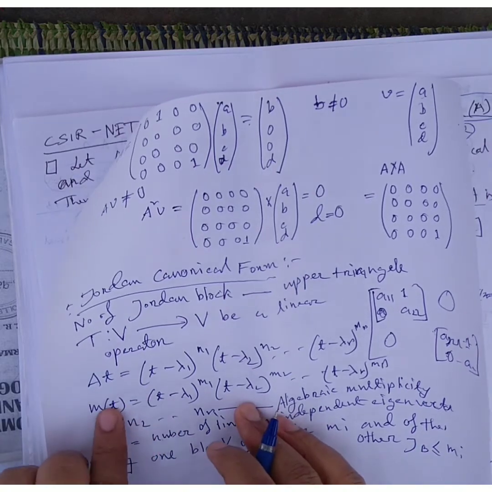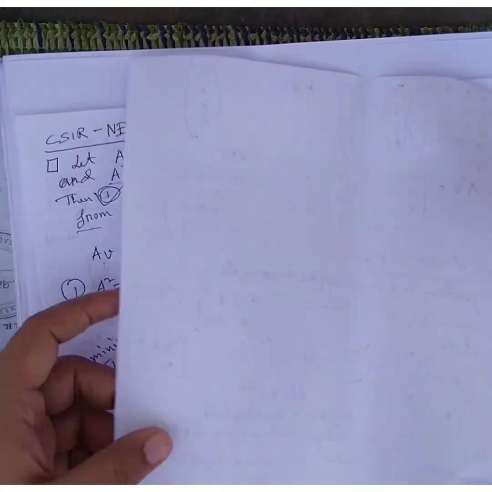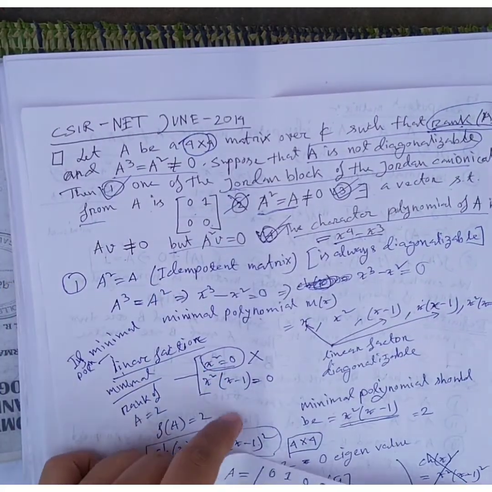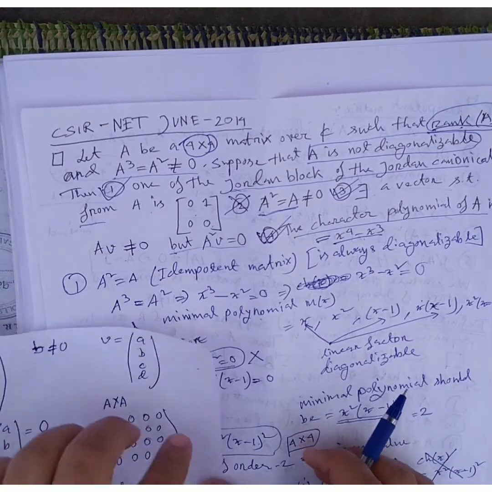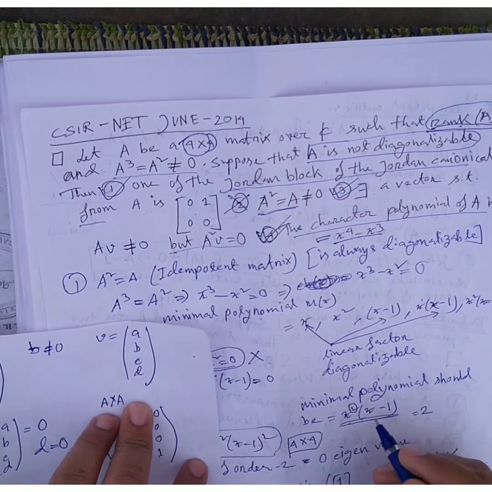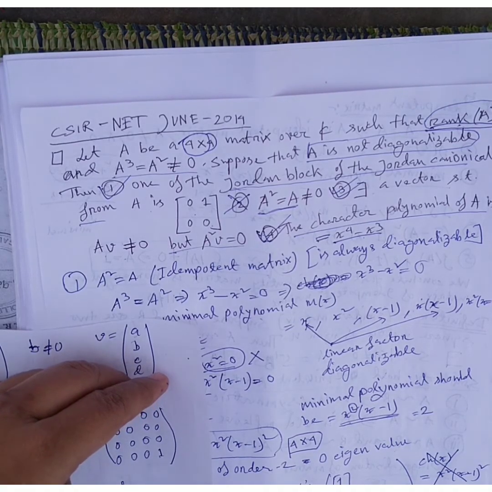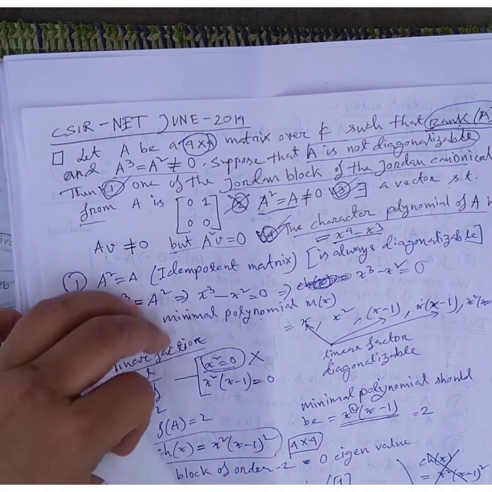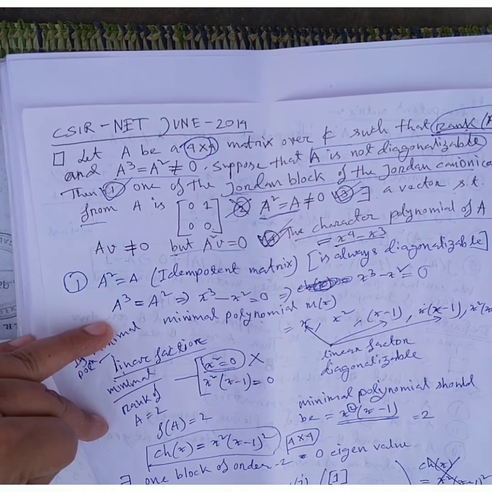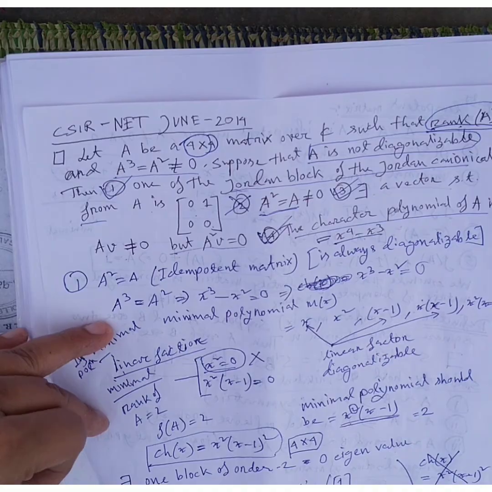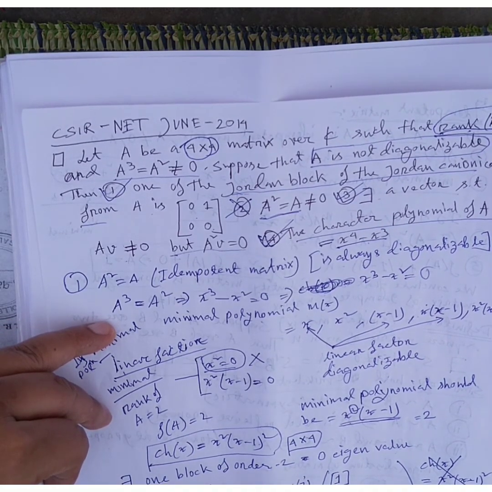Friends, you must remember that mi means the power in the minimal polynomial. You see here that for x to the power 4 minus x cube, the minimal polynomial is x square. So one of the Jordan blocks should be of order 2. That's why 0 1 0 0, this is the Jordan block, a 2 cross 2 matrix. One of the Jordan blocks should be a 2 cross 2 matrix.